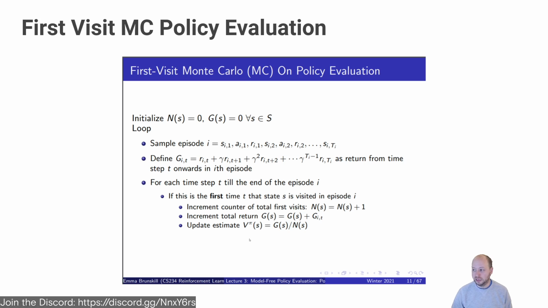And so this is actually doing nothing more than just calculating the frequency of the number of times we see a particular state and how much that state has been worth to us. So yeah, it's a little bit tricky to calculate this because you can see we need to keep track of the returns that we've seen at that particular state onwards.